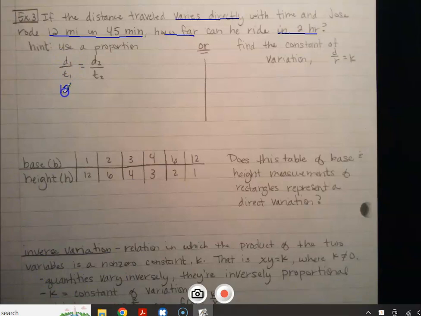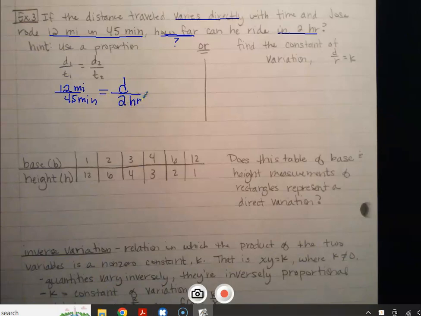So he traveled 12 miles in 45 minutes, and that's equal to how far, that's a question mark. So that would be like our x here, or actually, let's make it d, since we're talking about distance. So that's going to be d over our time, which in this case is 2 hours.